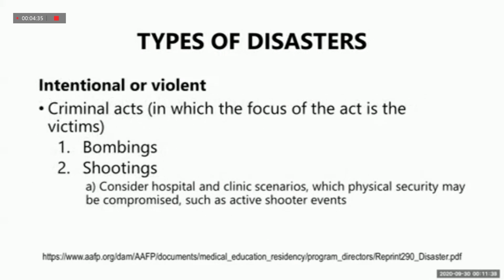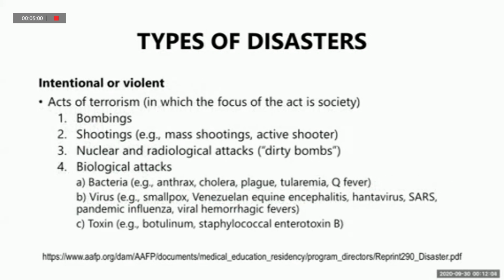Another would be intentional or violent acts. These are criminal acts in which the focus of the act is your victims, in terms of bombing and shooting. In hospital and clinic scenarios, security may be compromised, such as in active shooter events.